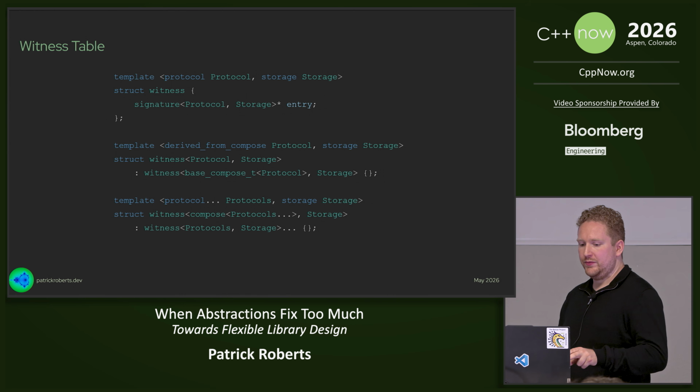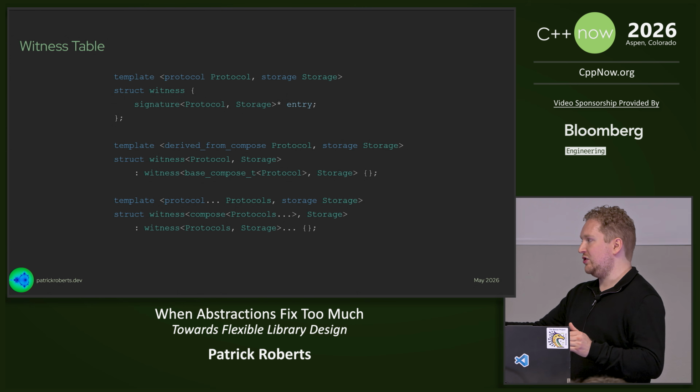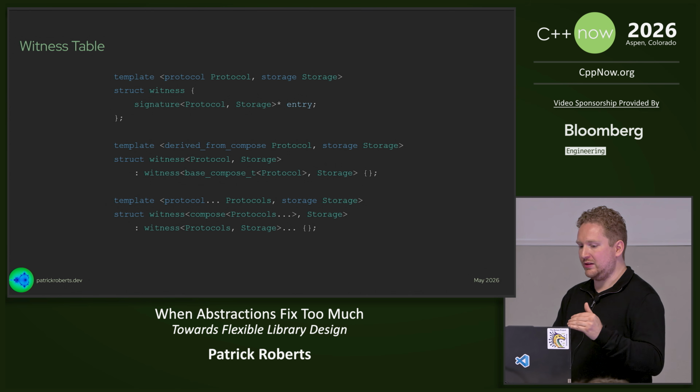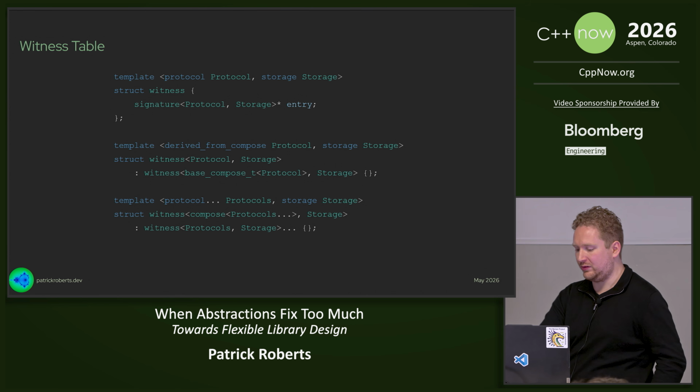Yeah, so I'm referring to the signature primitive that I shared earlier, which is an instantiation of the static fn, and that's stored as a pointer, an entry within the witness table. And when you compose multiple specializations of witness over a composition of multiple capabilities, then you have one entry for each capability. And so that's how it creates the table from these specializations.